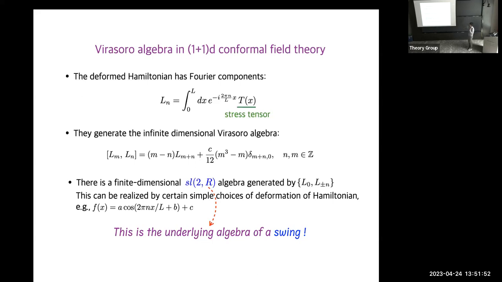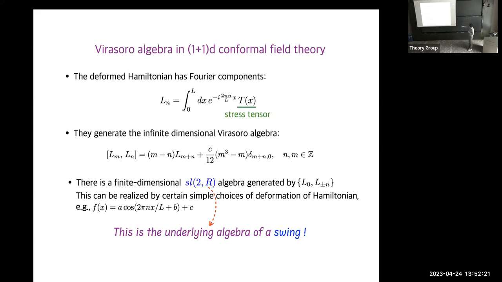So the question is how to realize these 3 generators in our setup. It's very easy. We can simply deform our Hamiltonian density by this function. So there's a cosine 2 pi n x over L. Here n is some integer, and A, B, C are some arbitrary constants.